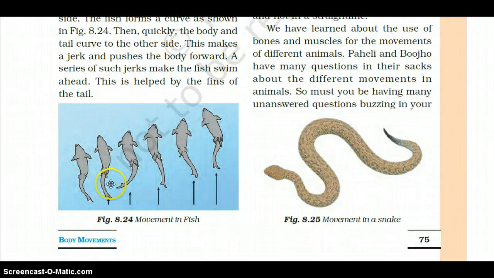Then quickly the body and tail curve to the other side. The head moves to the other side, and the tail moves to the opposite side, and this produces a jerk and pushes the body forward. A series of such quick jerks makes the fish swim forward.